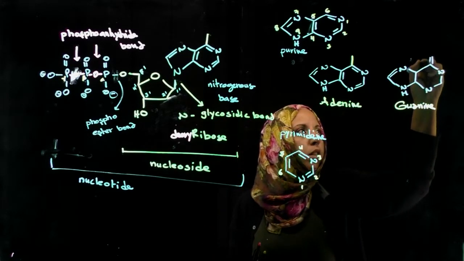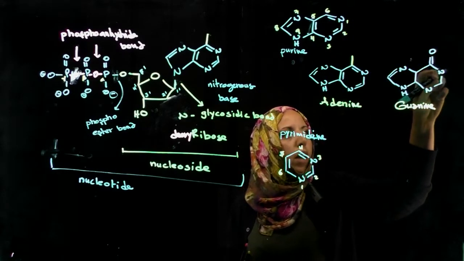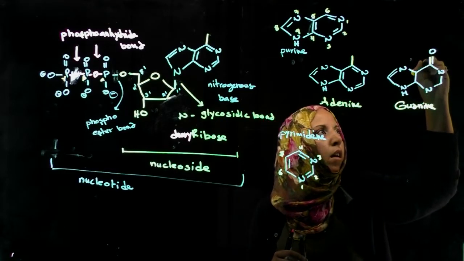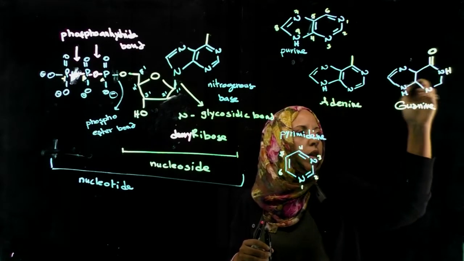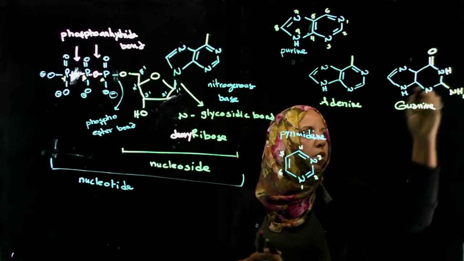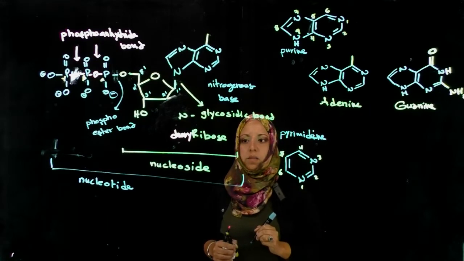The carbonyl oxygen is at this carbon, so now you get rid of the double bond because you have a double bond right here, which really means that you're going to add a hydrogen to this nitrogen if you got rid of the double bond, and it has an amine right here, which really means you keep this double bond. Okay, so that's guanine.